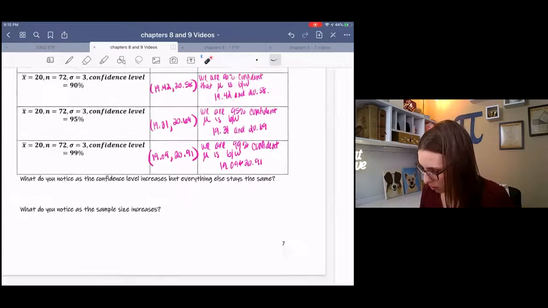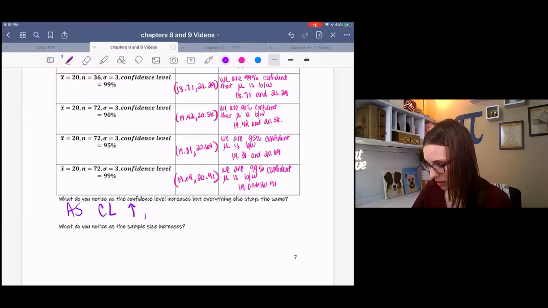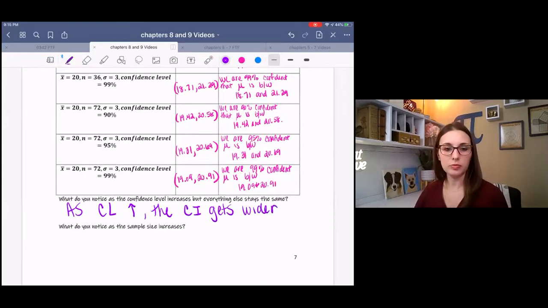So as the confidence level increases, the confidence interval gets wider. I abbreviated a lot. As the confidence level goes up, the confidence interval gets wider. It's kind of like a bigger safety net.